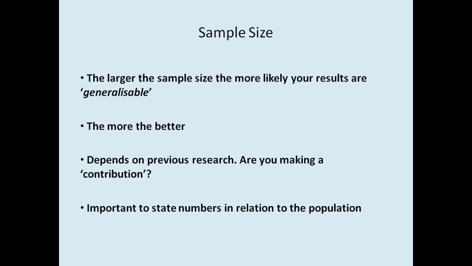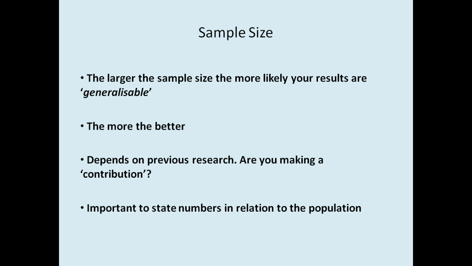So it's very difficult to have wholly generalizable findings for any research project because we have to research in a very small setting. But that's just one of the limitations. The bigger the sample, the better, really, because it gives us better, more representative results. If we have a small sample, there's more chance of bias creeping in.